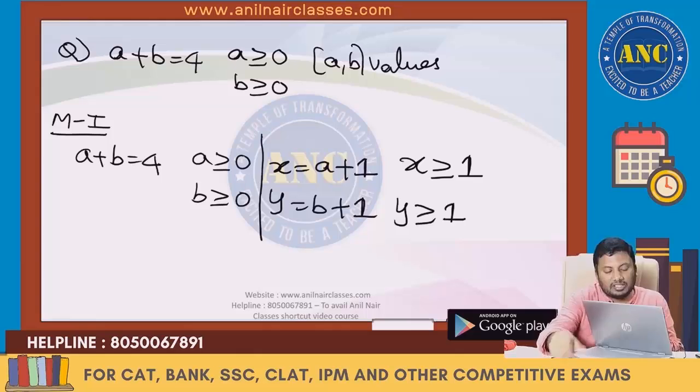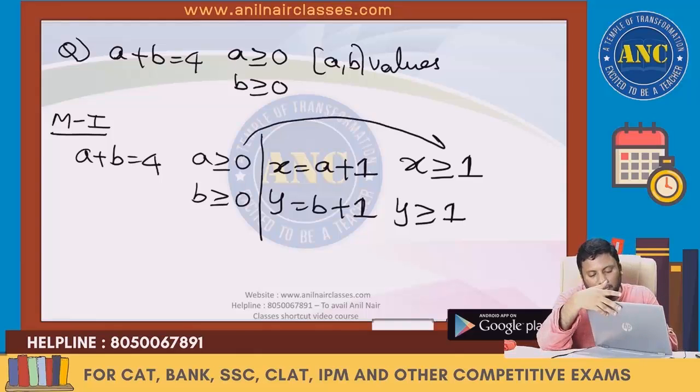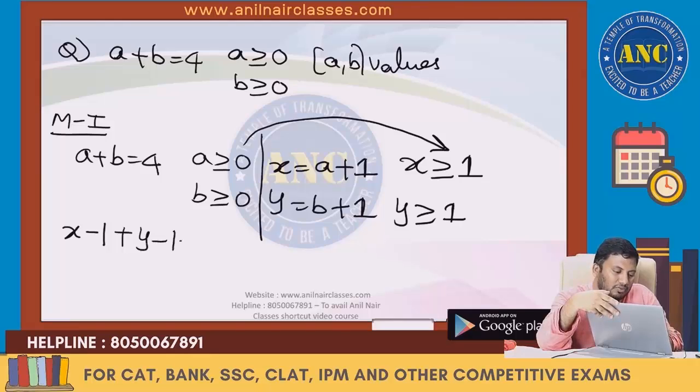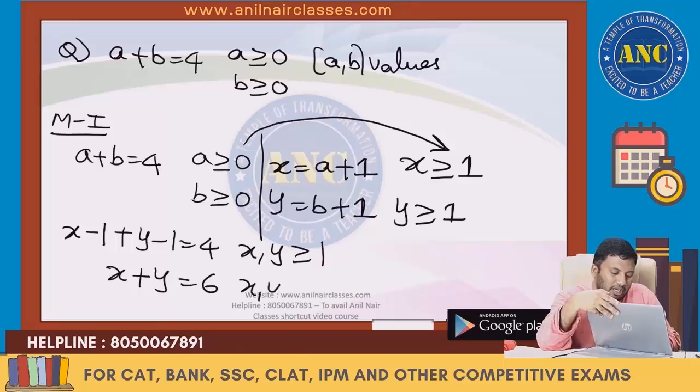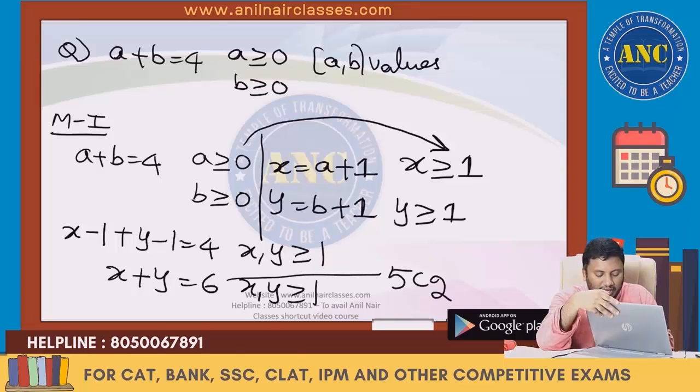I am converting the domain of the variable from 0 to 1 because I know the shortcut how to find it if they are starting with 1. A is nothing but x minus 1, b is nothing but y minus 1, equivalent to 4, so x plus y equivalent to 6, x, y greater than or equivalent to 1. 6 means answer is 5C2, which is 10.